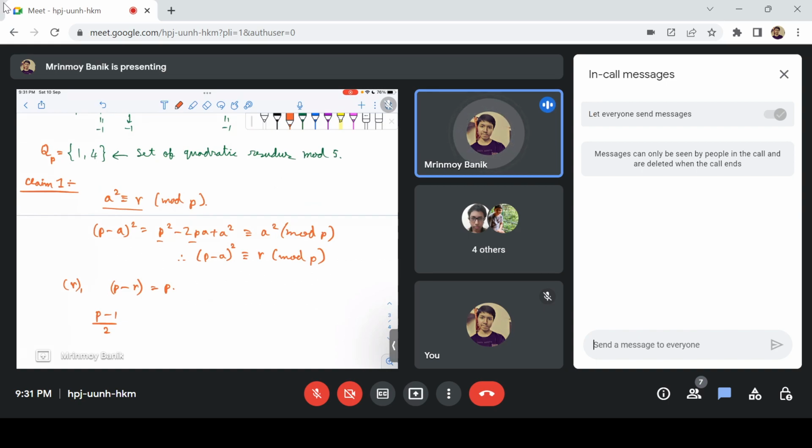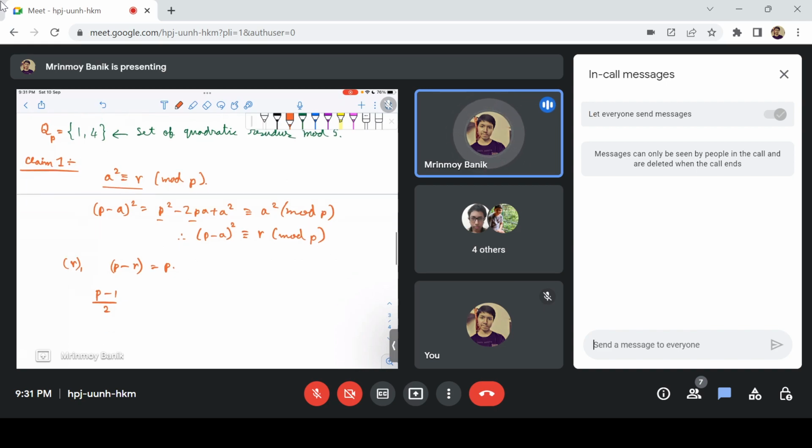Since p is a prime number, we have assumed, p by 2 is of course not an integer. We're assuming p is an odd prime number. So assume p is an odd prime. So p by 2 is not inside integers.